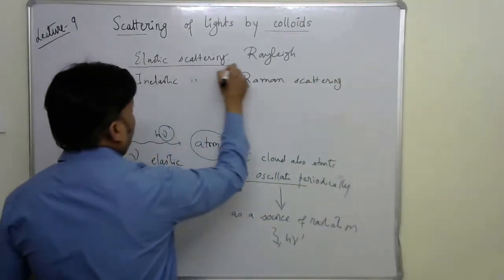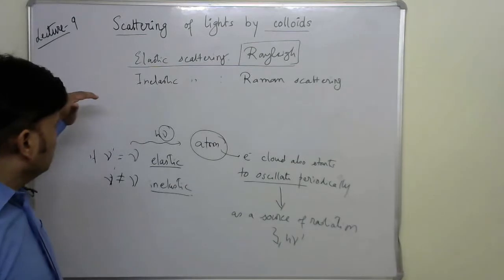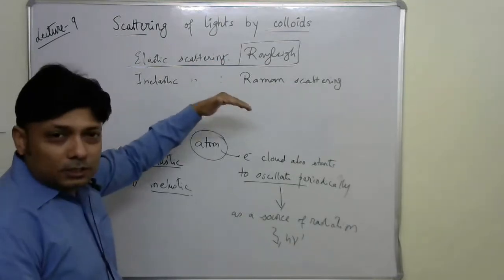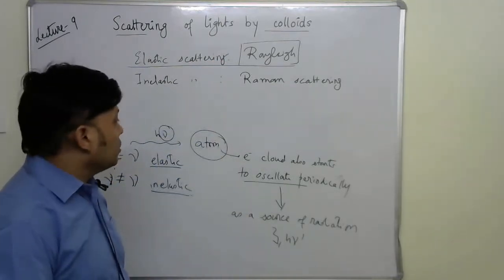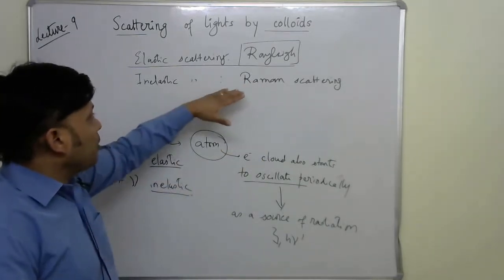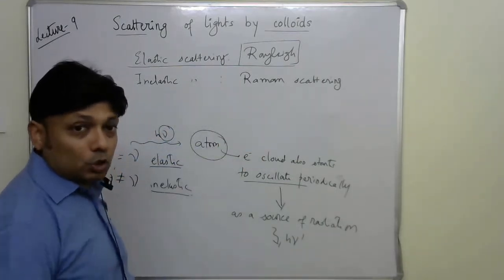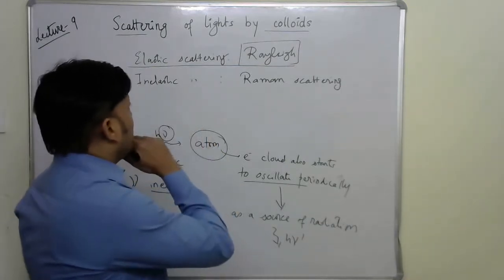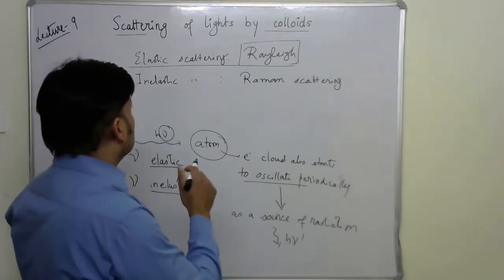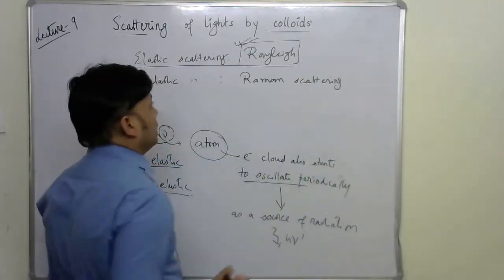The basic idea of Rayleigh scattering is that when colloidal particles undergo Rayleigh scattering, it does not change the incident frequency of the light. But in Raman scattering, it changes. We understand that Raman scattering is a molecular phenomenon, and many molecules show Raman scattering. Anyway, in colloidal particles, the most prevalent, the most common type of scattering is the elastic scattering of Rayleigh type.